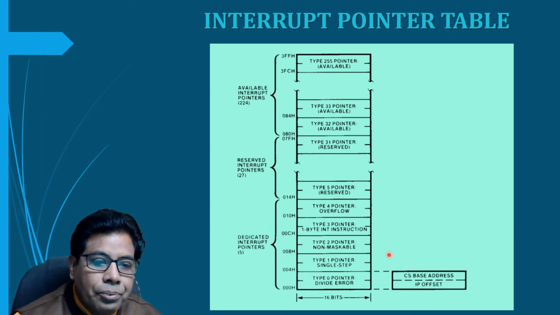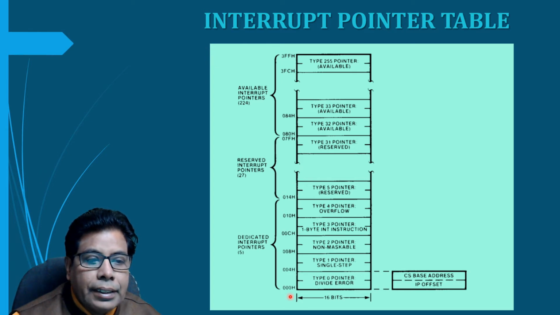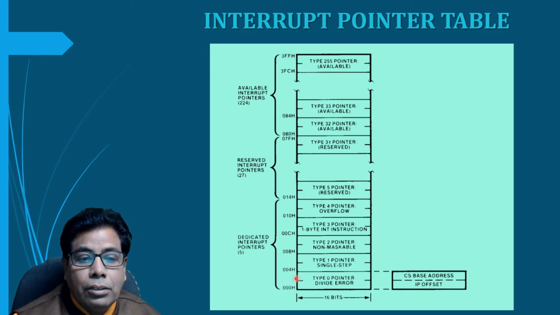See here, the first address we are mentioning is 000H. So this will occupy from 000 to 003, so 4 bytes. This is for type 0. Then type 1 will start at 004 and end at 007.